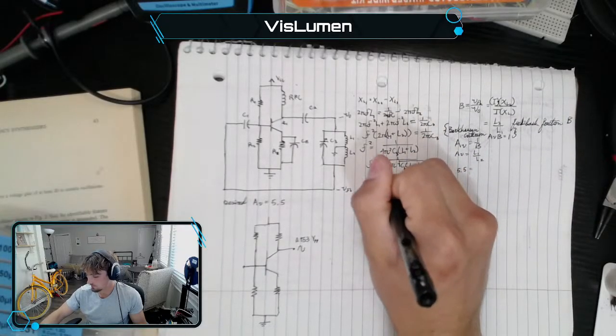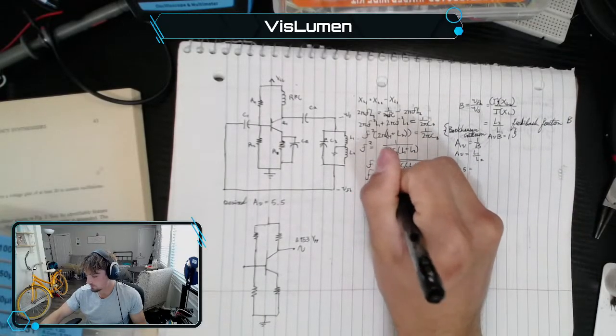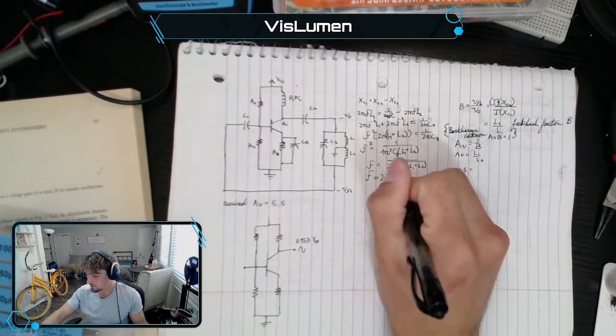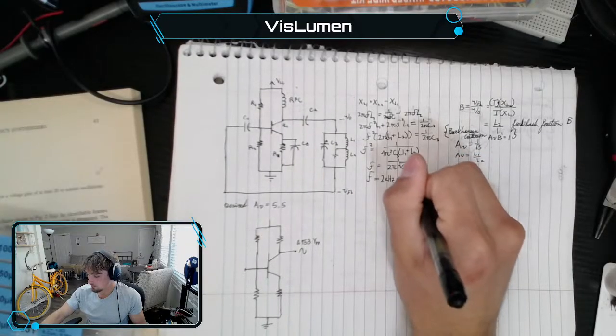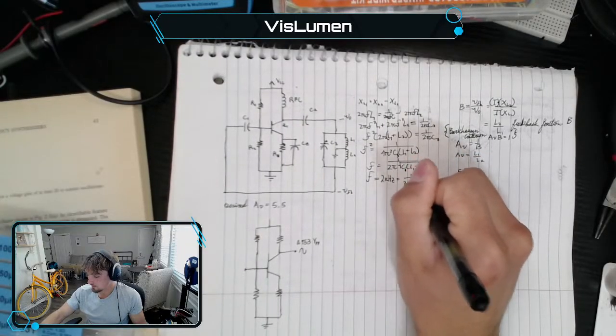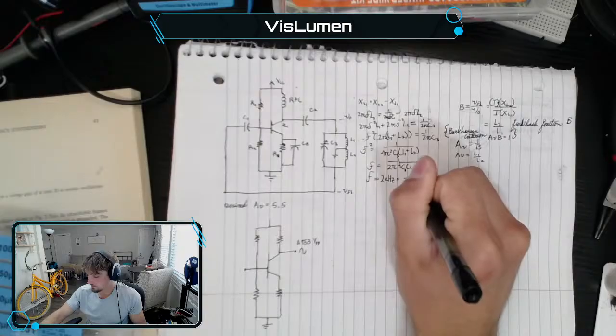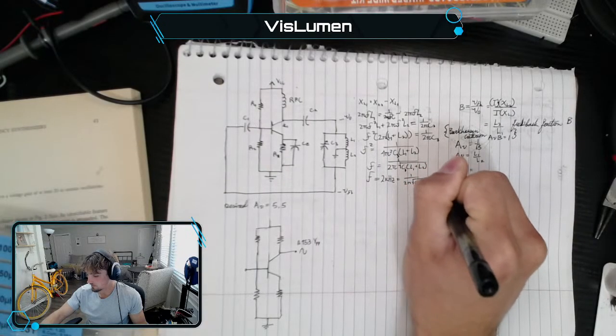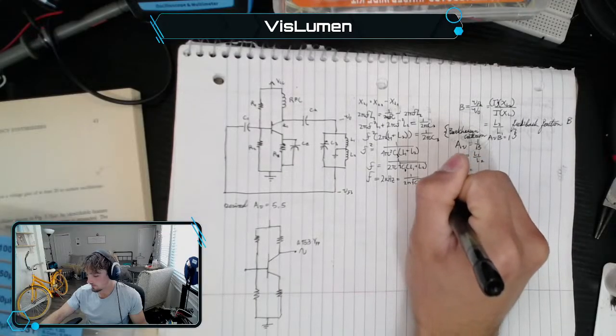Yeah, that's within the range of my oscilloscope. 2 kilohertz, I like it. It's a good number. F equals 2 kilohertz equals 1 over 2 pi square root of C times L1 plus L2. Oh, I didn't need that last one. Whatever.